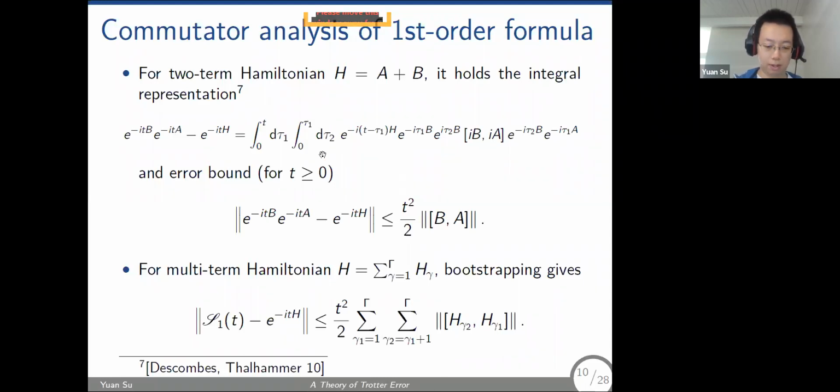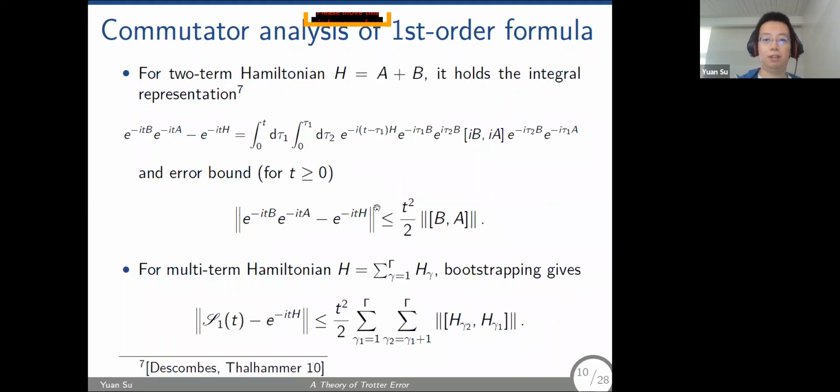And then inside this integral, you have a lot of exponentials, and then you have a commutator in the middle. So those exponentials will not be very important to us because if you calculate the spectral norm, they will disappear because they are unitary operators. So the only thing that matters is the thing in the middle, the commutator.